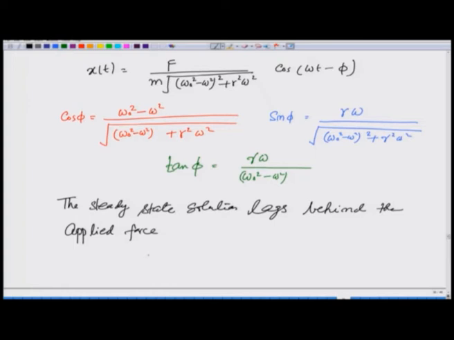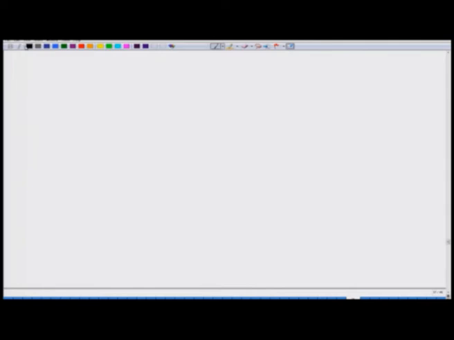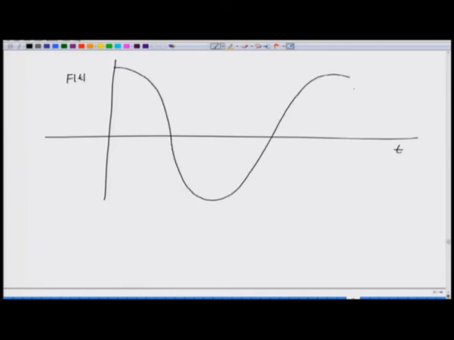That means, if we were to plot F(t) versus t, this is t, this is F(t), it follows a cosine curve. The x curve is such that it reaches a value later than wherever F reaches it. So, F had a peak maximum value at t equal to 0, and x is going to have that value slightly later.